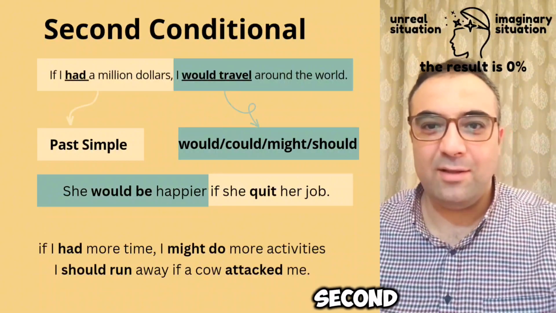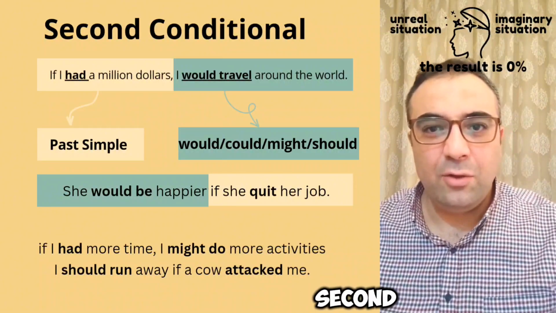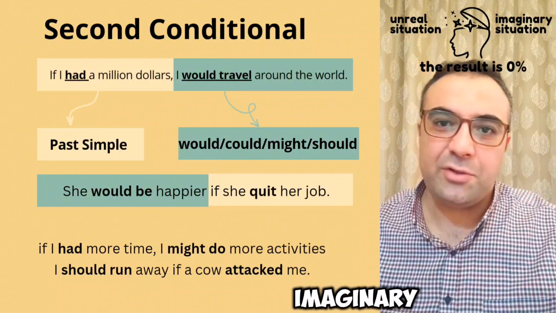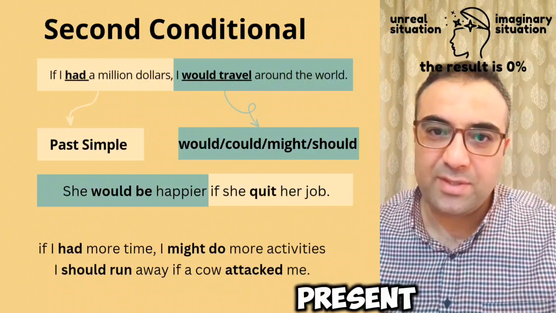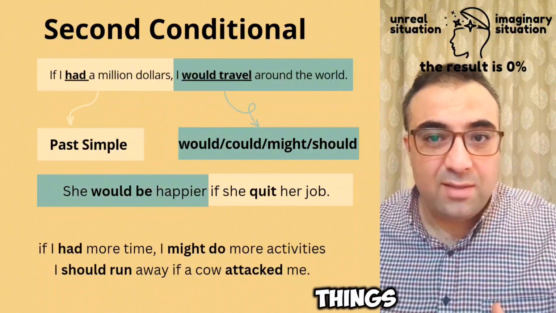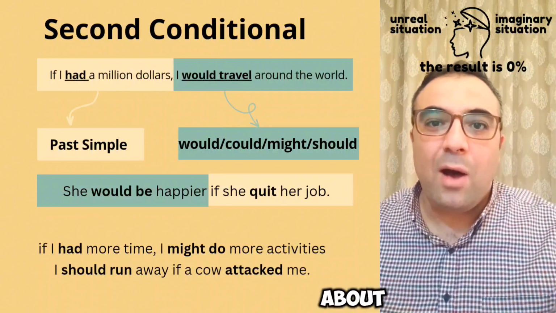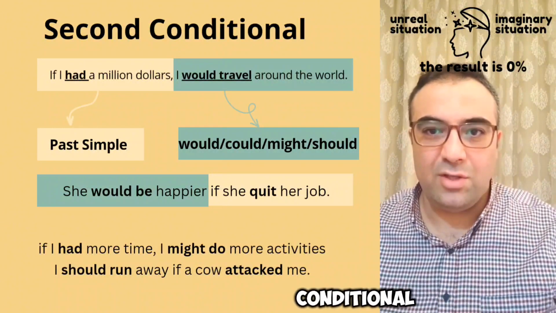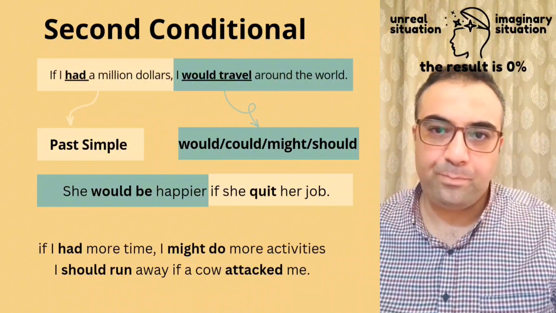Let's move to the second conditional. The second conditional is used to talk about unreal or imaginary situations in the present or future. So, when we imagine things or talk about unreal situations, we use second conditional sentences.